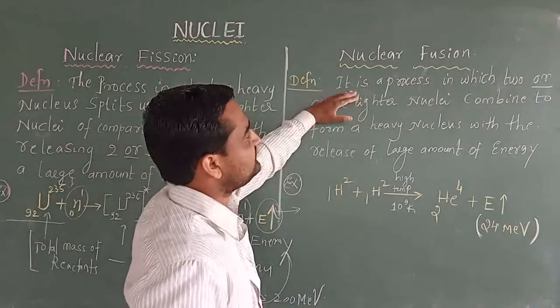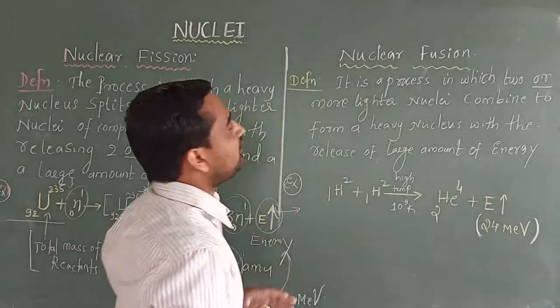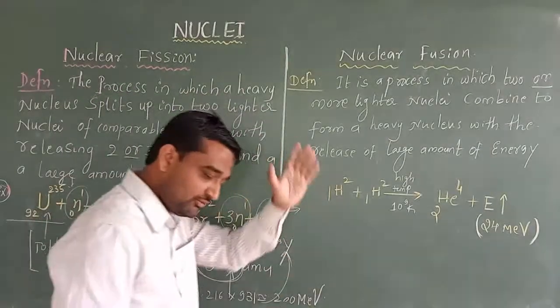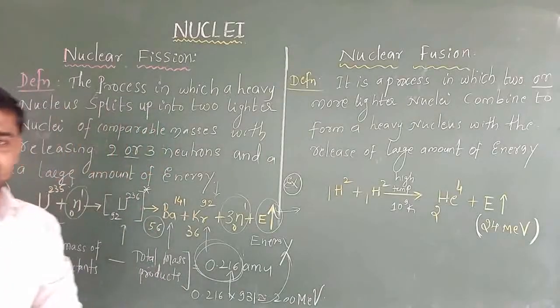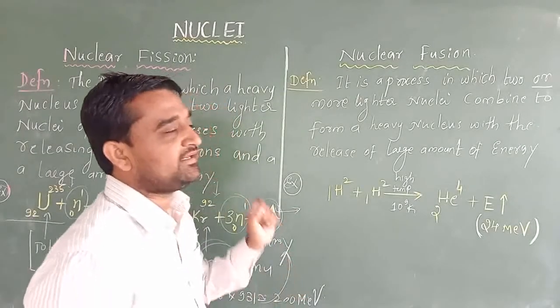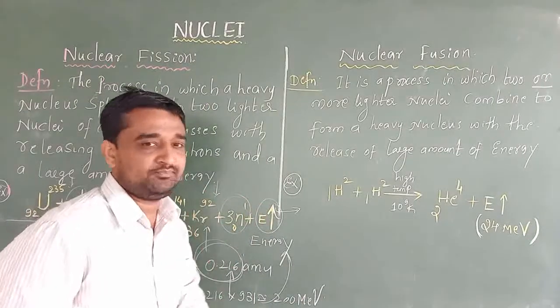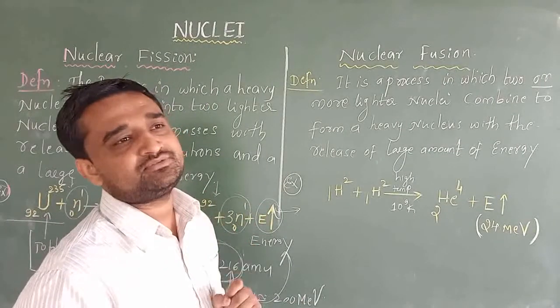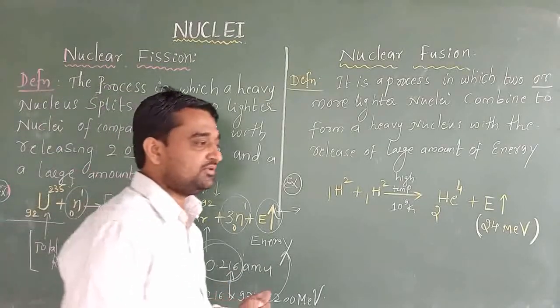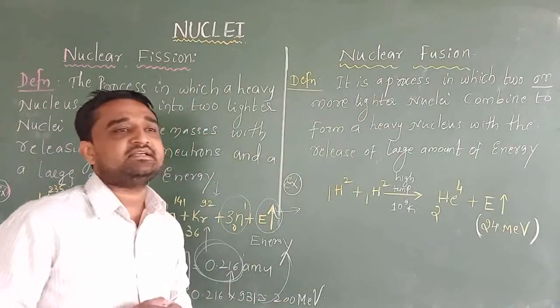It is the process in which two or more lighter nuclei combine to form a heavy nucleus. From the binding energy curve we have obtained, the lighter nuclei have a small binding energy per nucleon. If the binding energy per nucleon is less, they try to become stable.